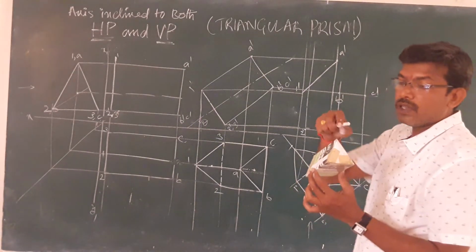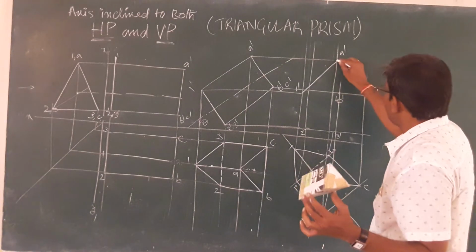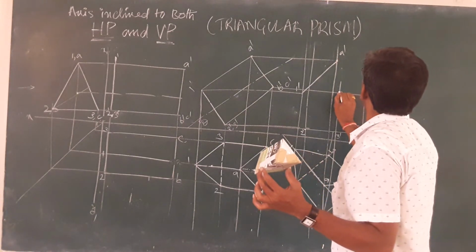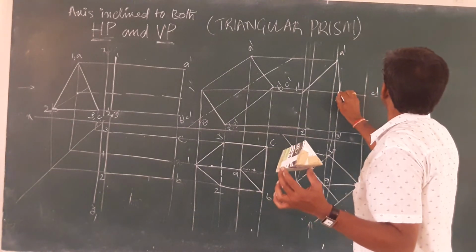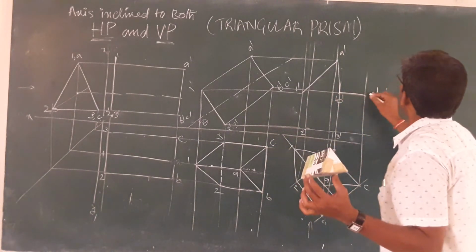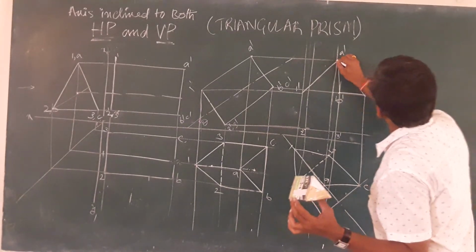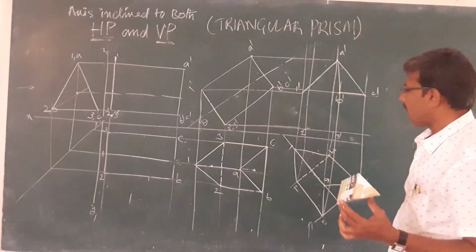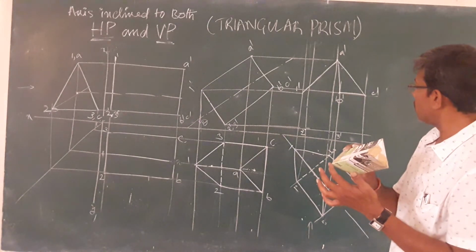Okay. Next, this total surface is visible. A, B, C is visible. So now A to B, alright, B to C, and C to A. Okay, right. Then next, this one is 3 and this one is 2.